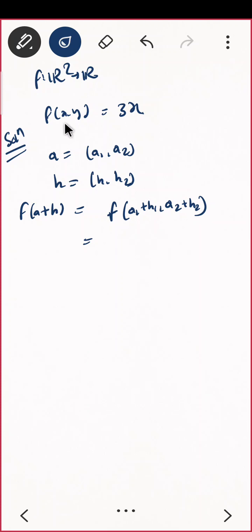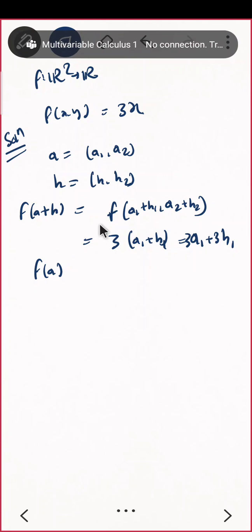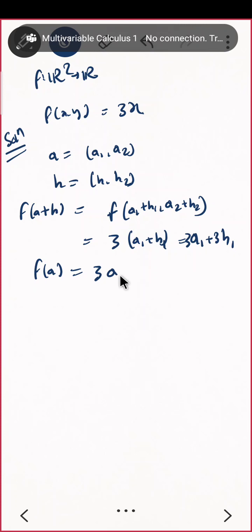Okay. And what is given? f of xy equal to 3 times x. That means it will be 3 times a1 plus h1. That means what? 3a1 plus 3h1. Correct. And what is f of a? f of a will be, a is this point, 3a1.